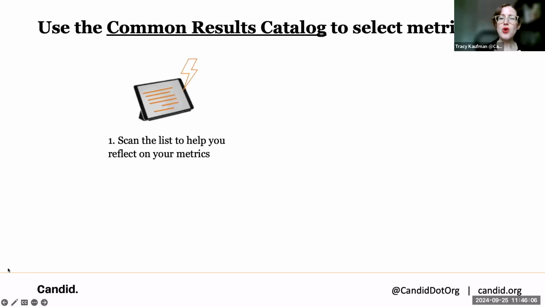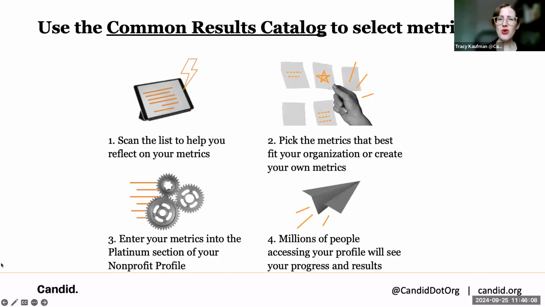And if you're struggling at all with figuring out what kind of metrics we can use to show our impact, we also have a really wonderful resource that I love mentioning that you can access through the GuideStar site. It's called the Common Results Catalog. It's a big PDF, roughly 50 pages long or something like that.